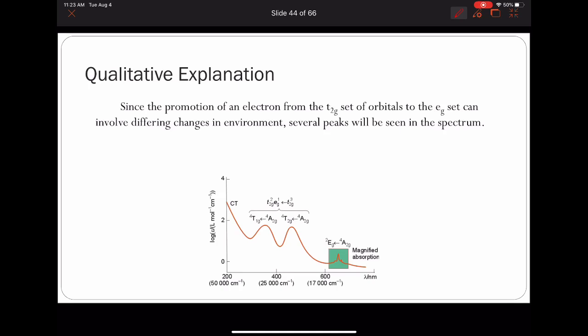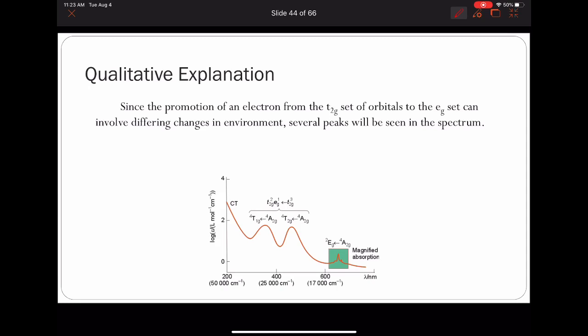However, if we break this down to molecular term symbols, which are akin to our atomic term symbols, we actually can have transitions to two different states within that system.